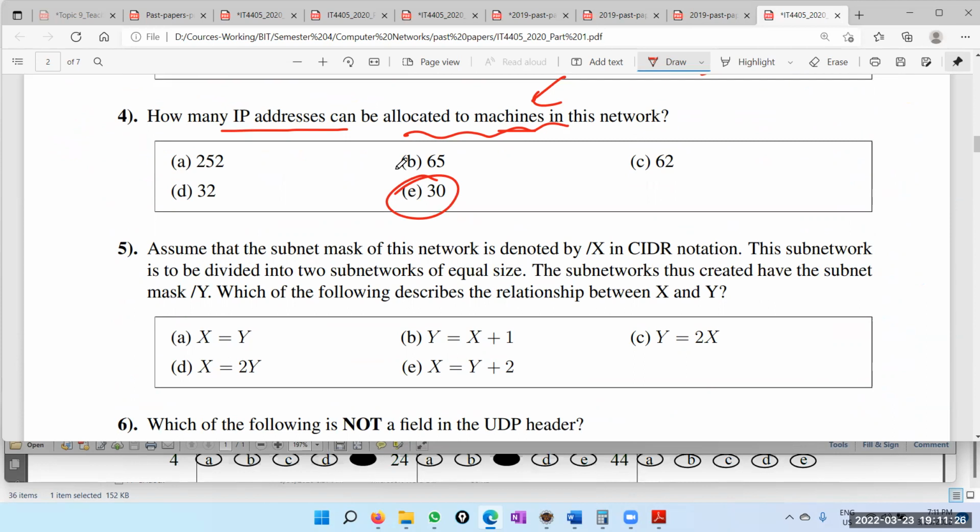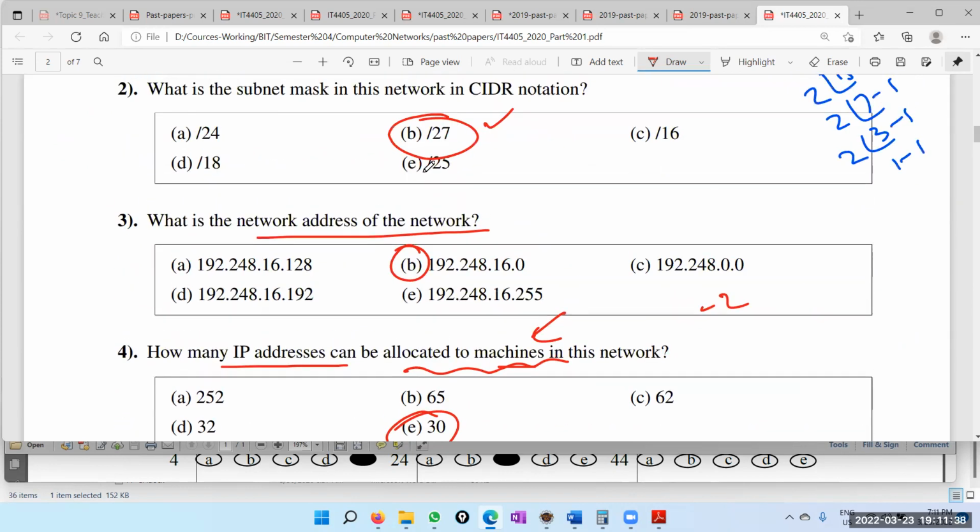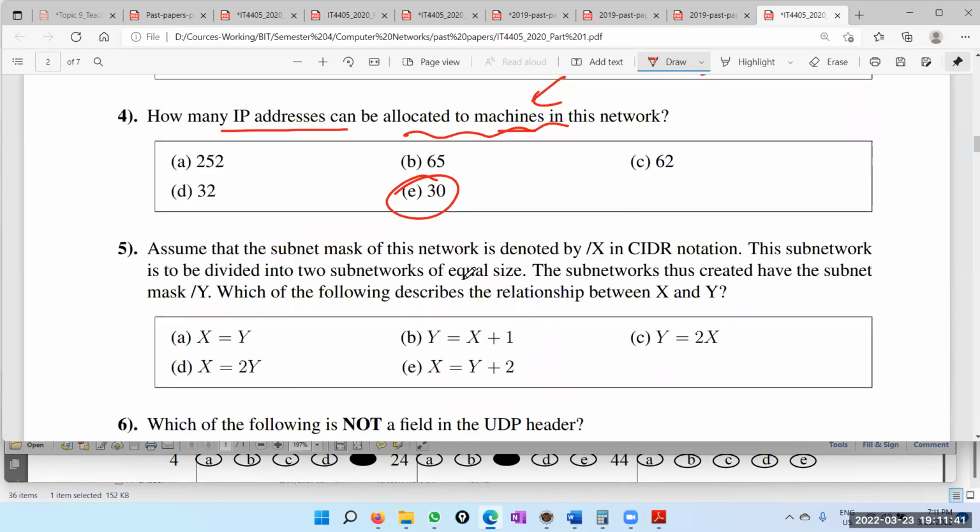Right. Fifth one. So that is an interesting question. Assume that the subnet mask of this network is denoted by /x in CIDR notation, and we know that it is already /27. This subnetwork is to be divided into 2 subnetworks of equal size.